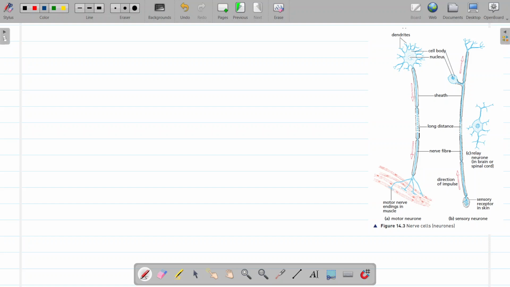So all the neurons have the same structure? No, they don't.